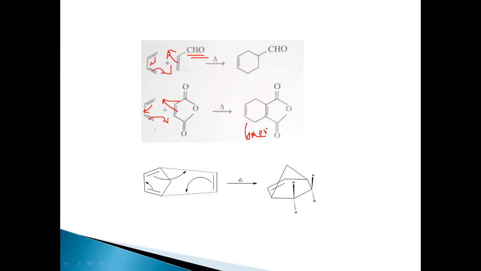It results in the formation of a six-membered ring here. So if we add an alkene to this conjugated diene, this is what is happening. So here we observe the six-membered ring, and to the plane this is attached here.